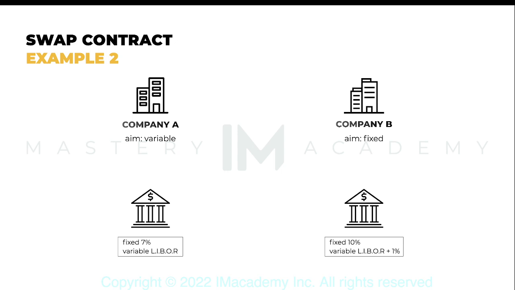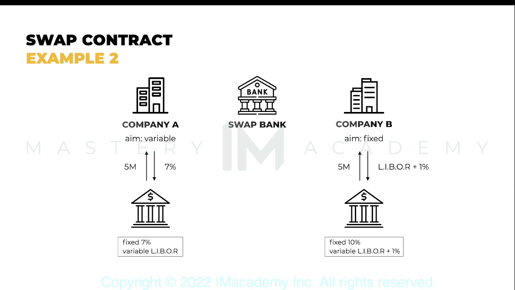So here is what's going to happen. Despite wanting to pay a variable rate, let's assume that we have a swap bank, which is right in the middle of our picture. And the swap bank is sneaky, so it says to company A, well, look, I know that you'd like to borrow 5 million at a variable rate, but actually, when you take out a loan with Bank A, what I'd like you to do is the exact opposite.